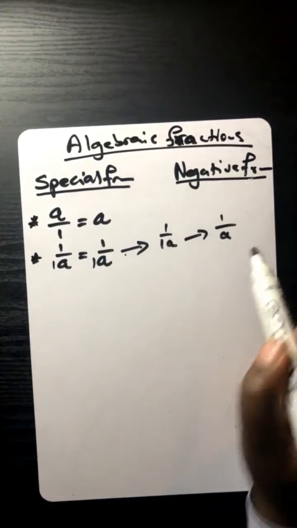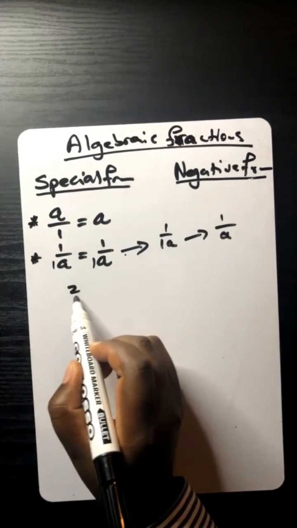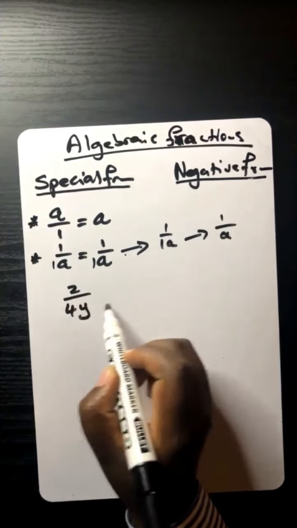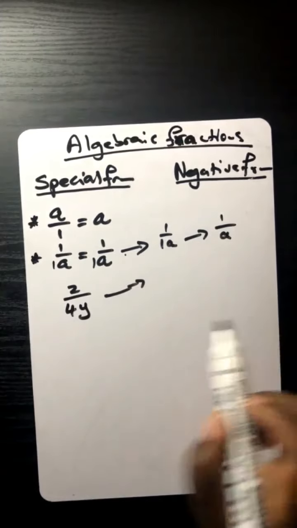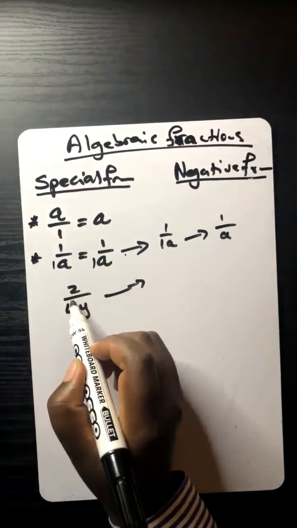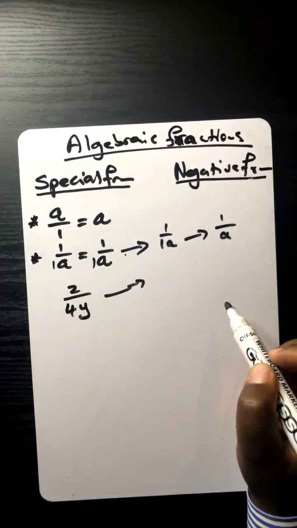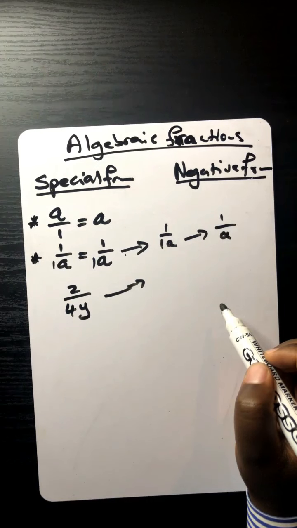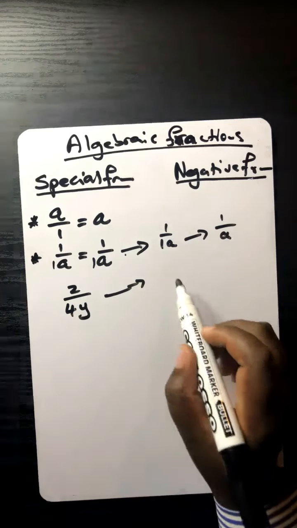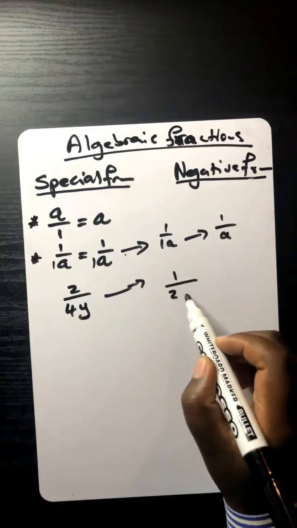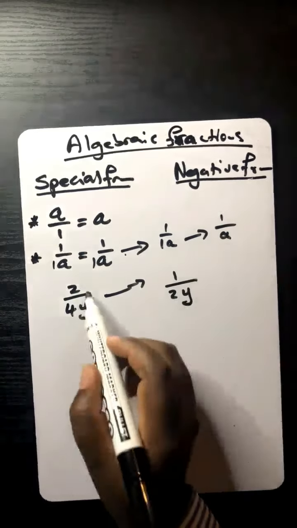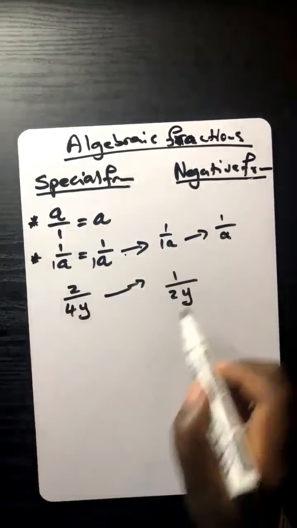Let me think of a different example, let's say 2 over 4y. What will that be? You just ask yourself, what is 2 over 4? So 2 over 4 would be half, sir. It will be 1 over 2, ne? Yes, sir. So you just write 1 over 2. And can you see why y remains at the bottom? Because from that expression, it was at the bottom.